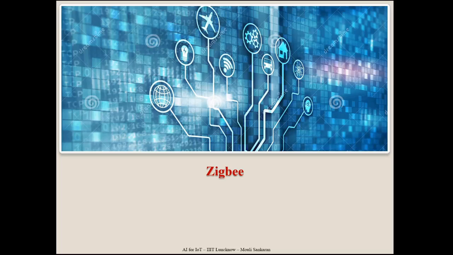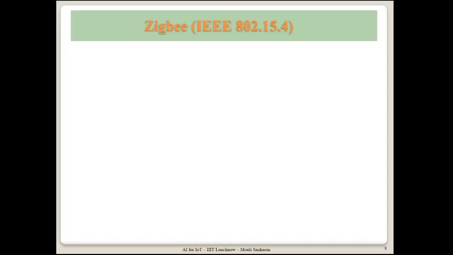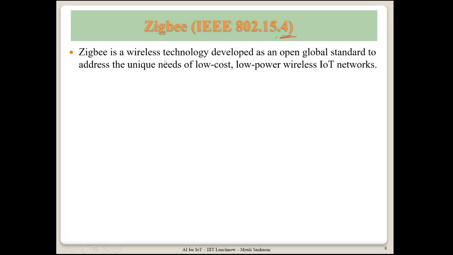Another short range technology. This is IEEE 15.4. It's a wireless technology, developed as an open global standard, for low cost, low power wireless IoT networks.